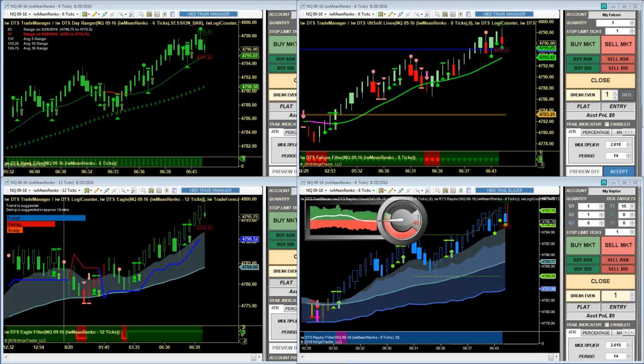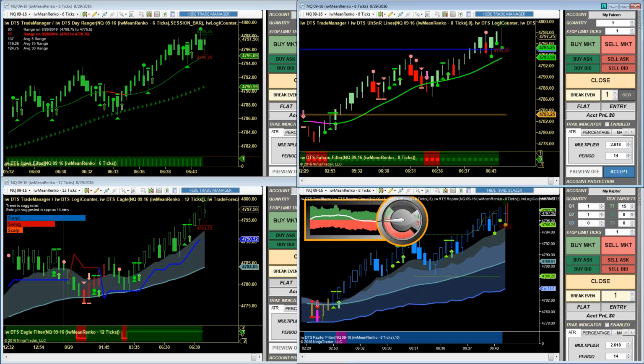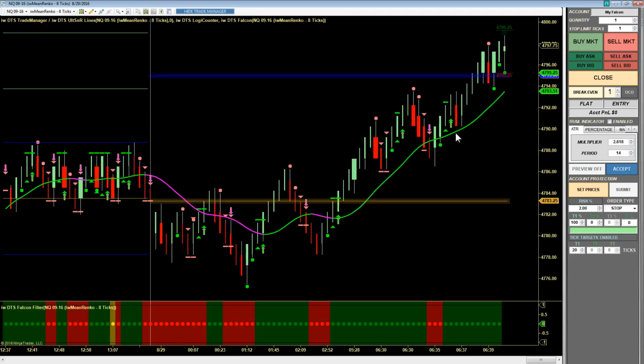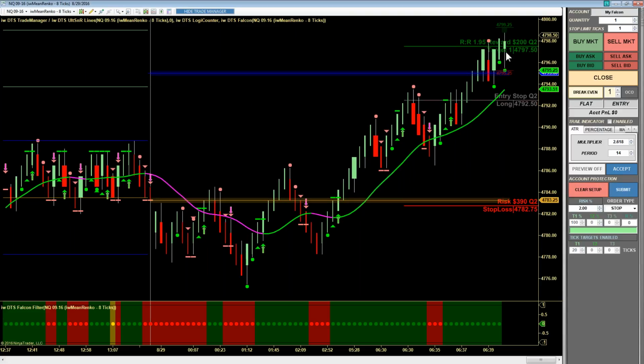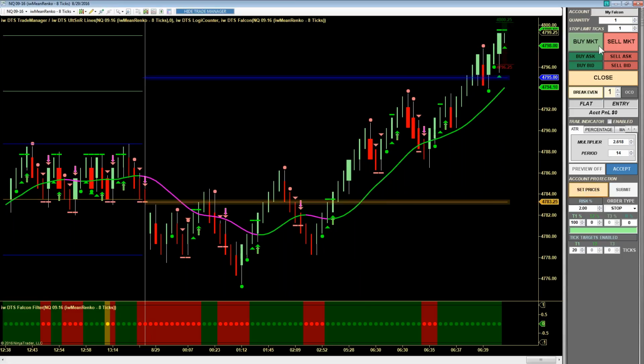And it looks like the market put in a little bit of an uptick here out of the gate. We got a couple signals. It appears as though we had a late filter entry signal here in the Falcon, and that has hit our first profit objective.